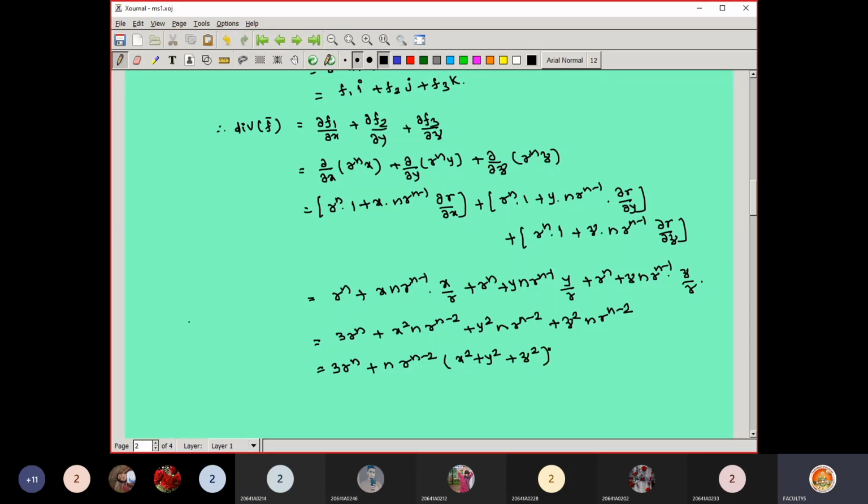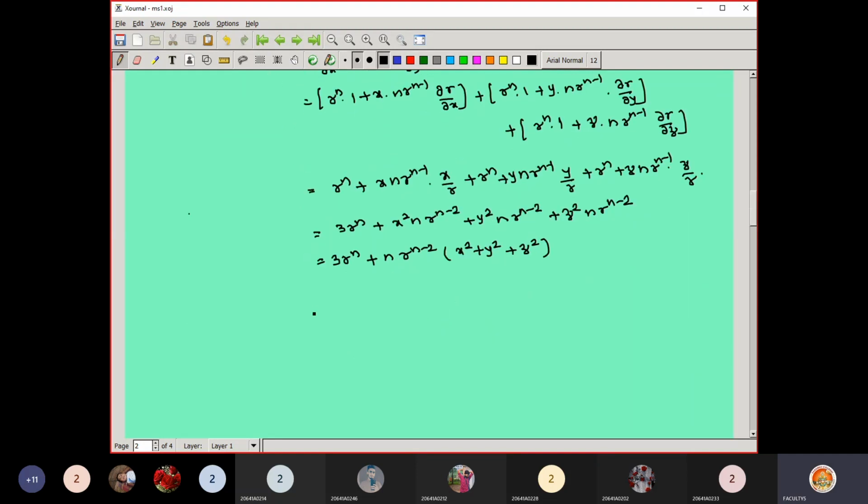So the answer is 3 r to the power of n plus n r power n minus 2 times r square, because r square is always x square plus y square plus z square. So what will be the answer now? It is 3 r to the power of n plus n times, when bases are the same you add the powers, r power n.